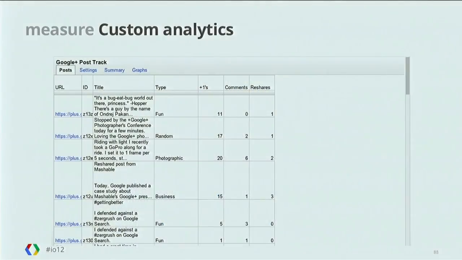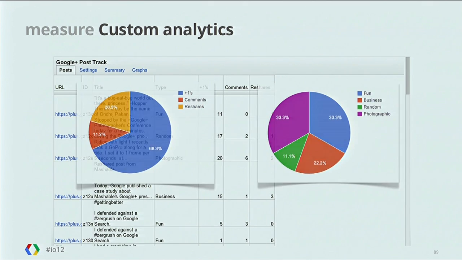And all of this is available in the API. So if what you wanted to do was improve your posting over time, you could just pay attention to these numbers. And for fun, I threw it into an app script. So it looks like this, right? As a spreadsheet that pulls the API and fills out a bunch of information based on the posts I've made, and then gives me some graphs.